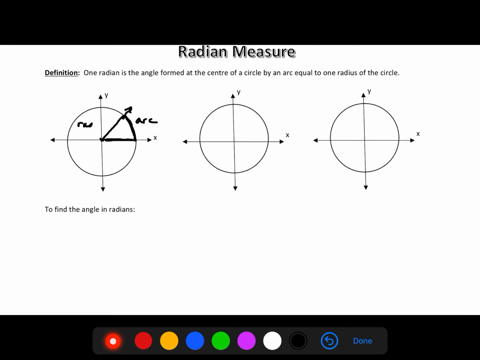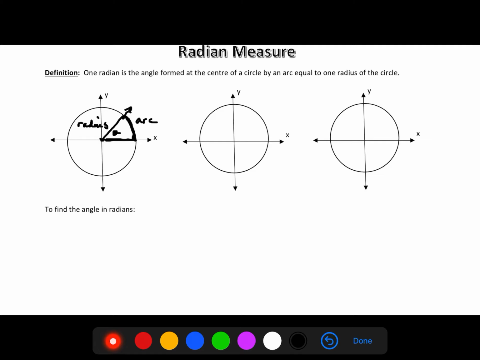And our radius is this measure in here. So if our arc and our radius are equal, then we have a radian.